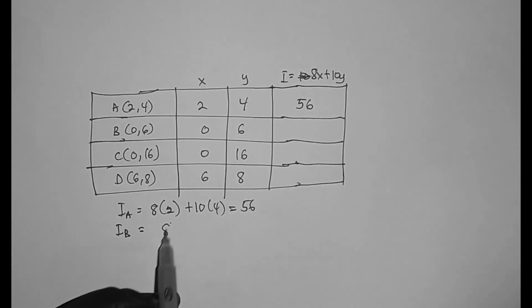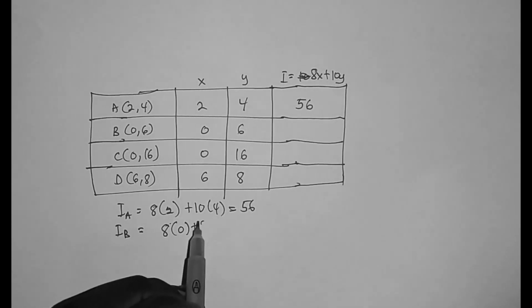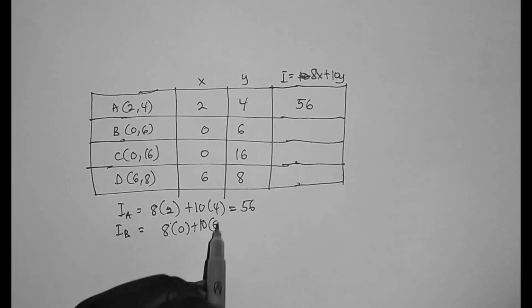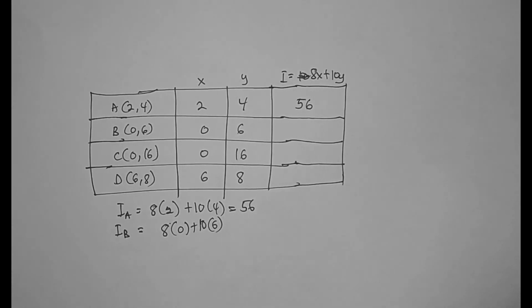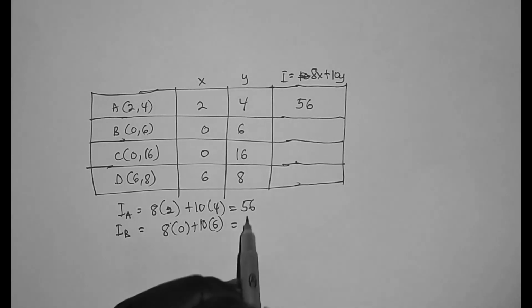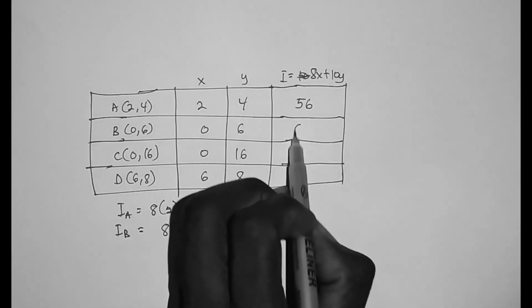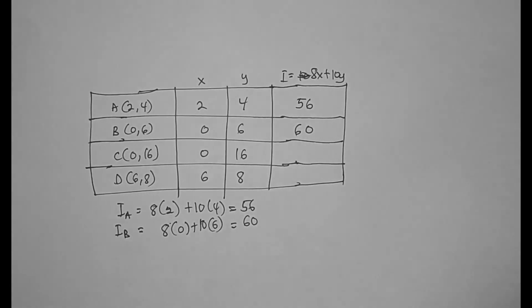And let's find b. It's going to give us 8 times 0 plus 10 times 6. 8 times 0 is 0, plus 10 times 6 is 60. So this will give us 60. Then let's go ahead and find I of c.